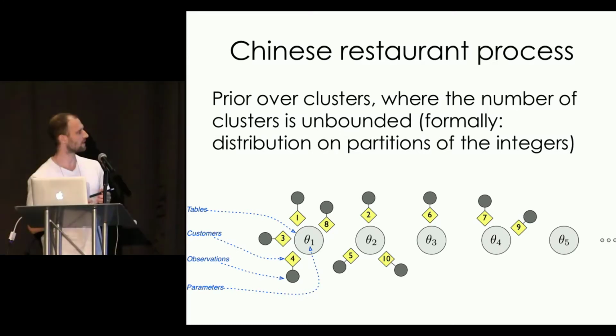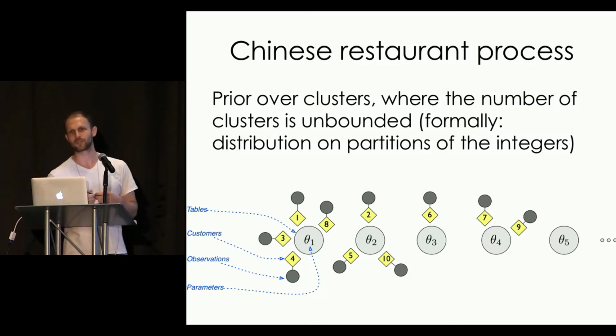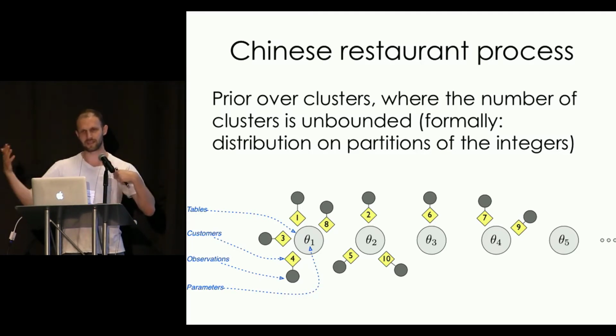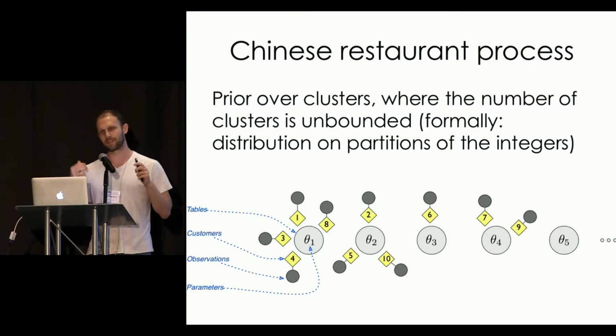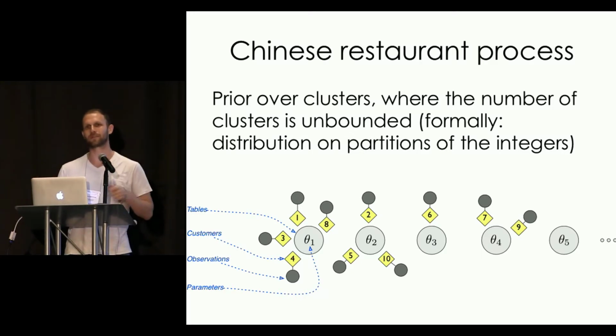The reason it's called the Chinese restaurant process is that the statisticians in Berkeley who invented it were impressed by the seemingly infinite seating capacity of Chinese restaurants in the Bay Area. And so they imagined a Chinese restaurant that had an infinite number of tables, and in theory, each table could seat an infinite number of individuals.